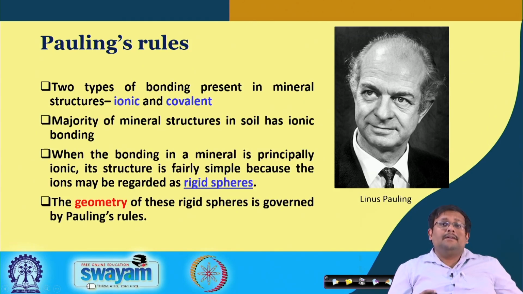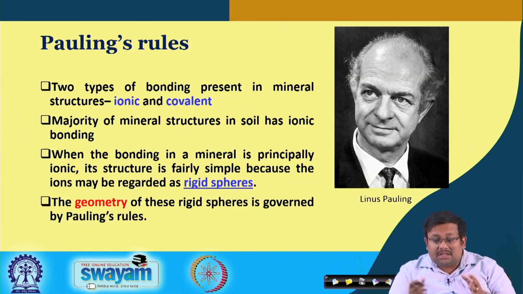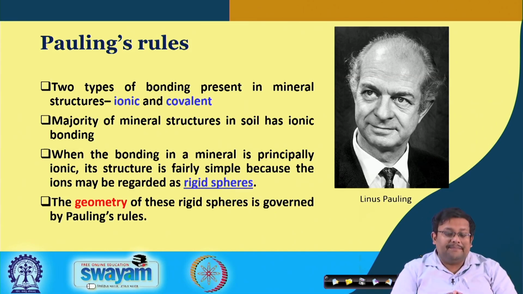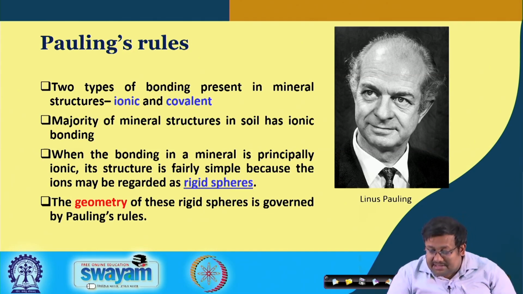So, we know that there are two types of bonding present in mineral structures: one is called ionic, another is covalent. Remember that the majority of mineral structures in soil have ionic bonding, and when the bonding in a mineral is principally ionic, its structure is fairly simple because the ions may be regarded as rigid spheres.